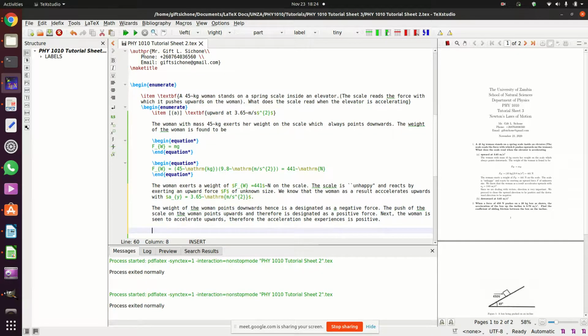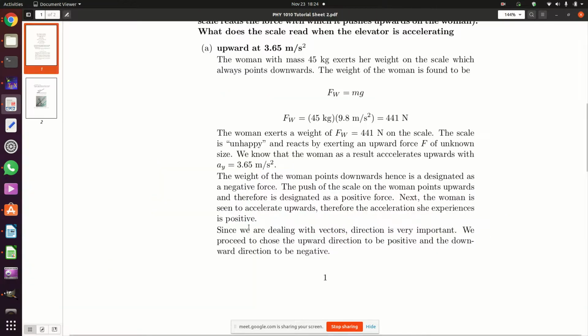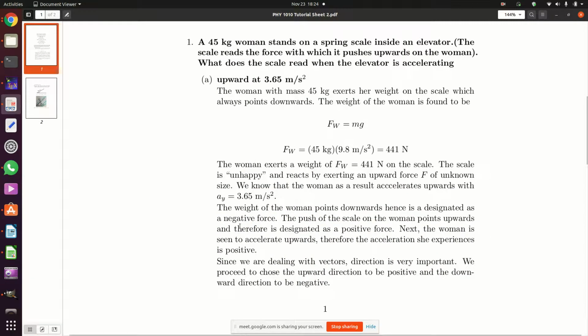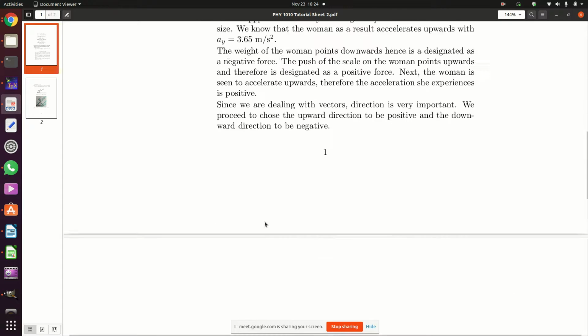Okay, so this is what we could gather as a result of deciding the directions. When you decide directions, say fine, up is going to be positive, down is going to be negative, then you identify which forces fall under this block. The force pointing up in this case is the push of the scale on the woman. The force pointing down is the weight of the woman. Then of course she's accelerating upwards, therefore her acceleration is positive, like that.